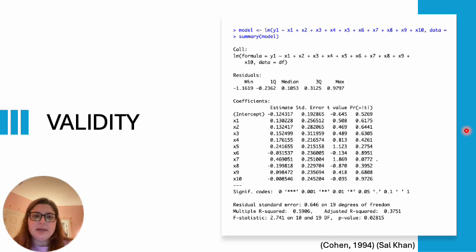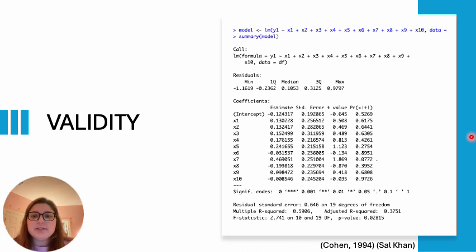And then here we have our second matrix of coefficients. It's showing our estimate, our standard error, our t-value and then our p-value for the hypothesis test.